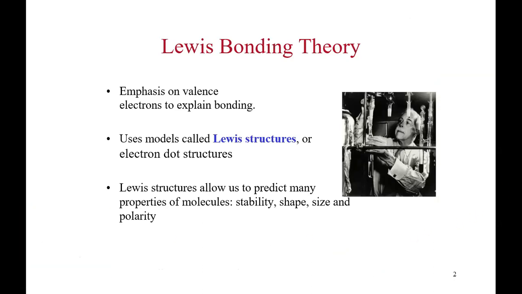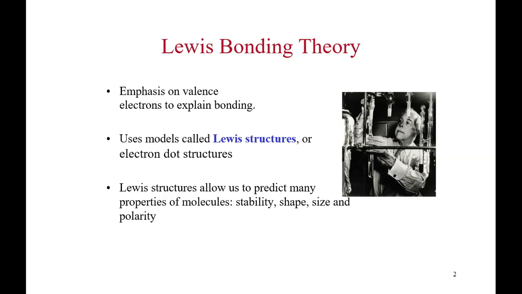So essentially, in the Lewis bonding theory, the idea is that valence electrons, and I guess you have to have watched those videos that I recorded, valence electrons are the ones that are involved in the forming of chemical bonds. The theory also uses a structure called a Lewis or electron dot structure to represent the formation of compounds.